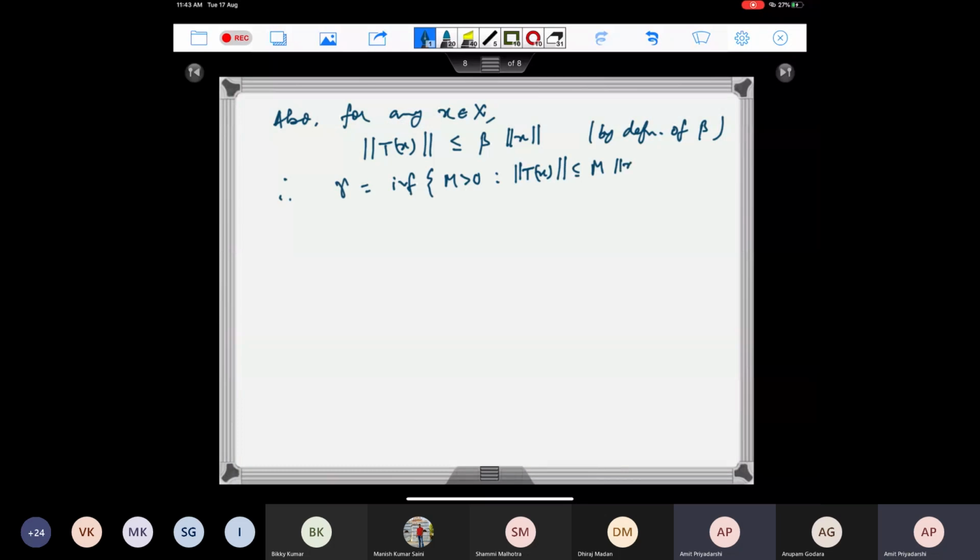Now we want to see that they are equal to norm of T. So what was norm T? Norm T was defined to be the supremum of norm Tx, where norm x is less than or equal to 1.